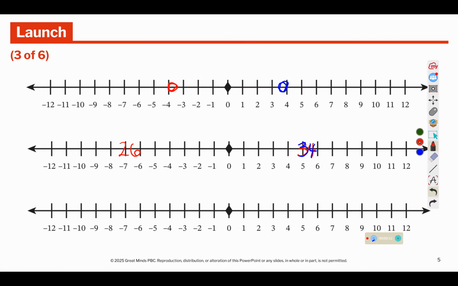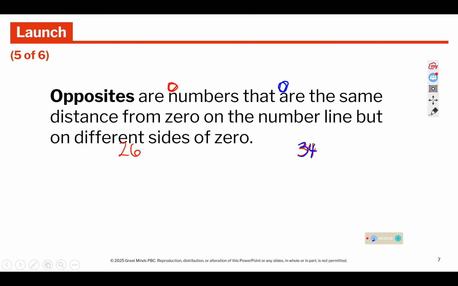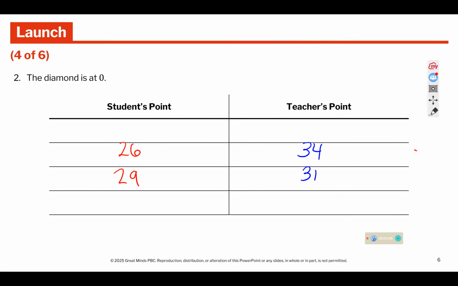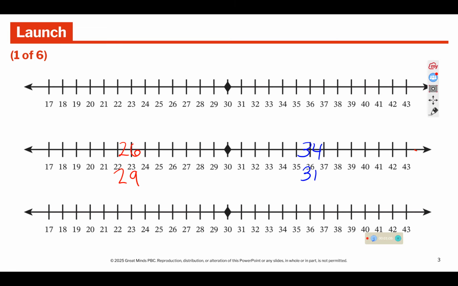Then a student gets to place another point, for example here, and the teacher would place it here at 29 and 31. And then a student may place it at 20, and then the teacher would place it at 40.